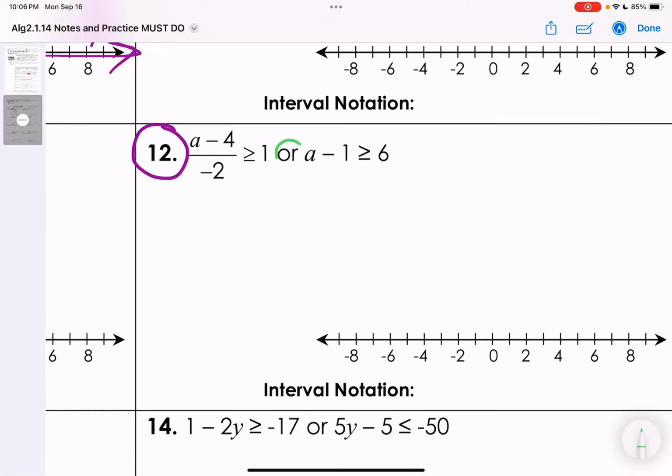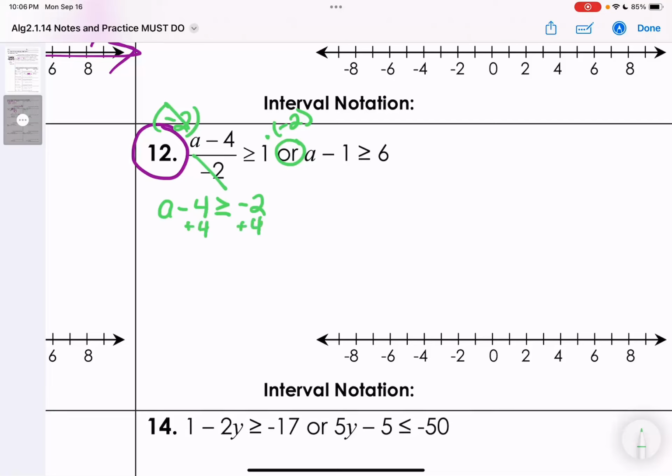This one's or. So solving each one of these, I've got a minus 4 divided by -2. Remember, I multiply by what's in the denominator, and I multiply both sides. So -2 cancels with -2. I'm left with a minus 4. Then adding 4 to both sides.